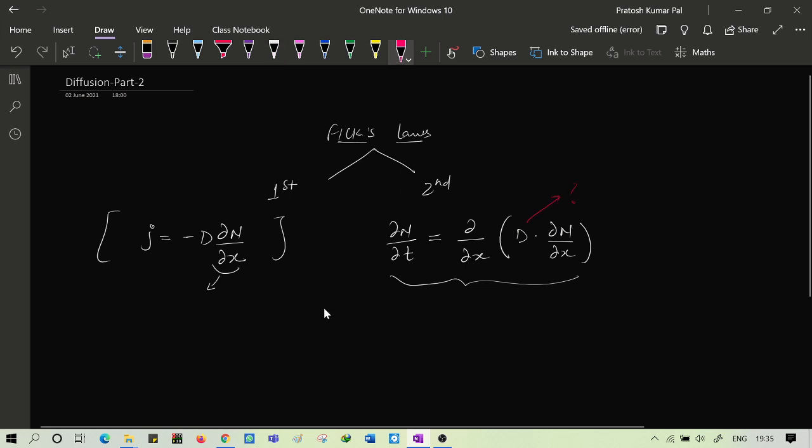How this D value is going to vary, based on that there will be different conditions. Here we will consider case 1. Case 1 is when D, that is the diffusion constant, is independent of depth, or we can call it a constant.